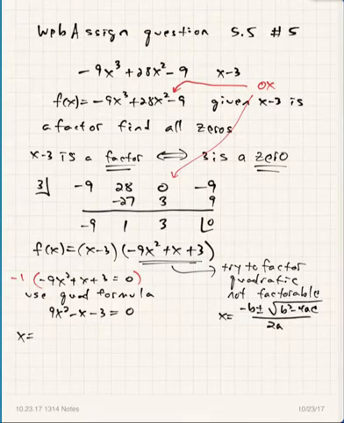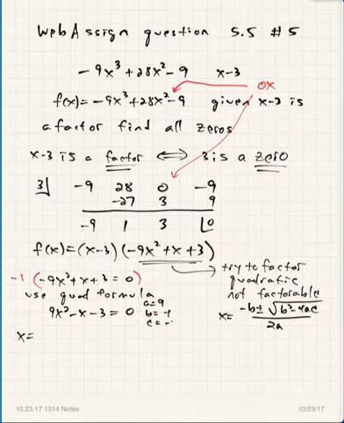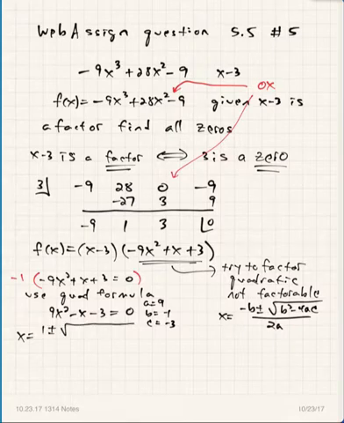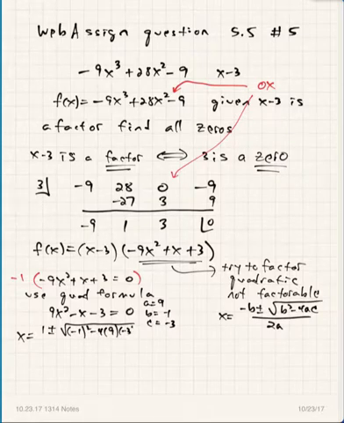So here I have x equals the opposite of b. In this problem, a is 9, b is -1, and c is -3. So you have the opposite of b, which would be 1 plus or minus the square root of -1 squared minus 4 times 9 times -3, divided by 2 times 9.